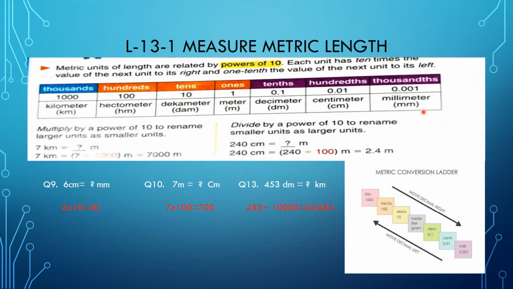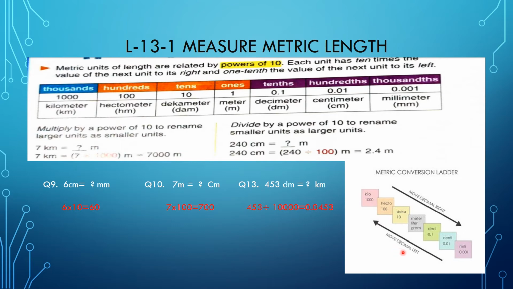Then you are using powers of 10. Every step you are using a power of 10. It is better to see this metric conversion ladder. It is not in your book, but it is very easy and you can easily convert from centimeter to meter and millimeter to centimeter.